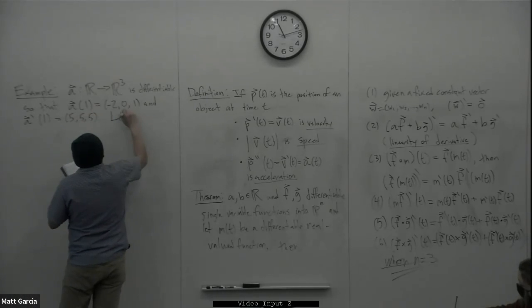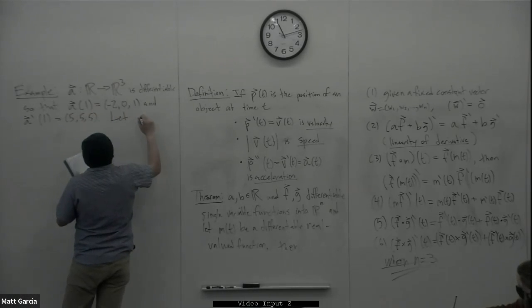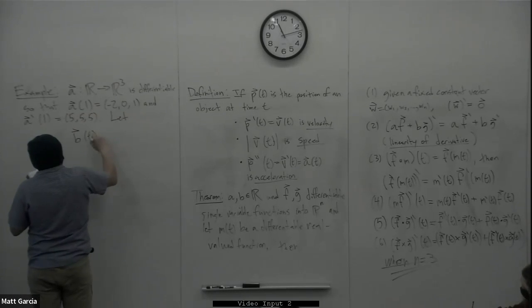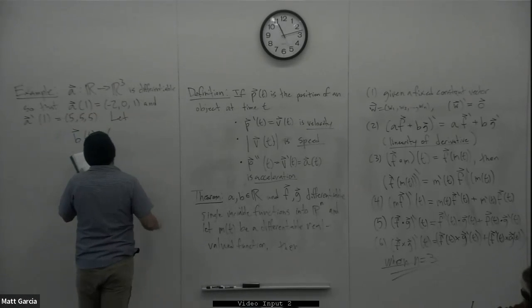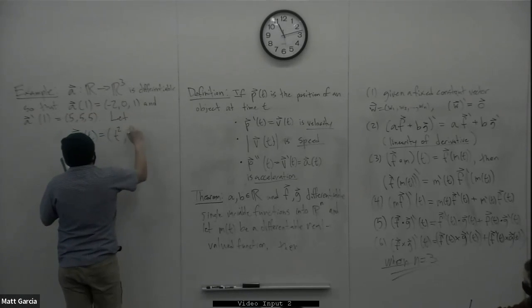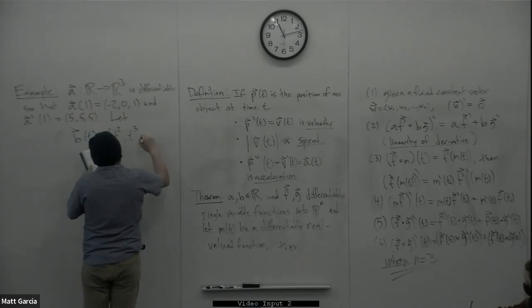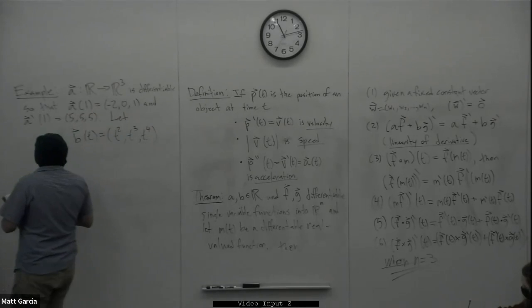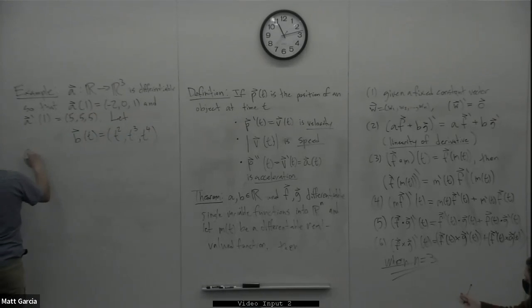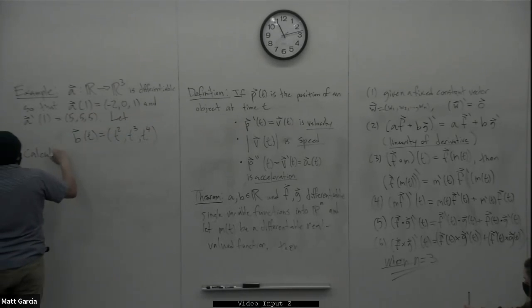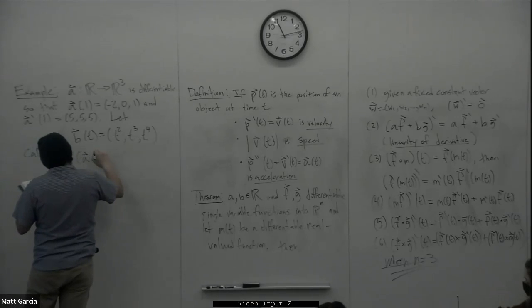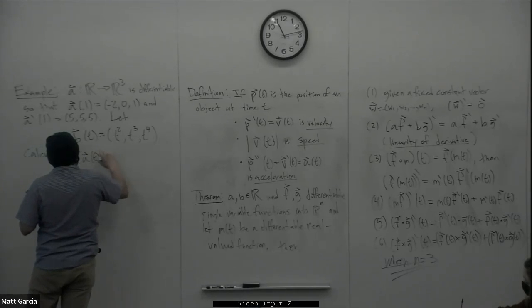Furthermore, let b hat of t be given by the formula t squared, t cubed, t to the 4th. Let me ask you to calculate the derivative of a hat cross b hat.